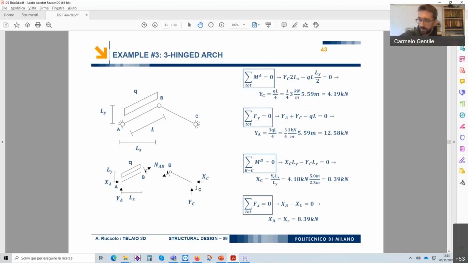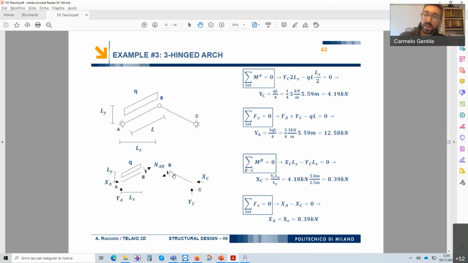And possibly also, since there is almost no equation that we can write such as to let appear only one unknown, it is better if we also start splitting the structure in two, and we distinguish between the forces that these two beams are exchanging one to the other.